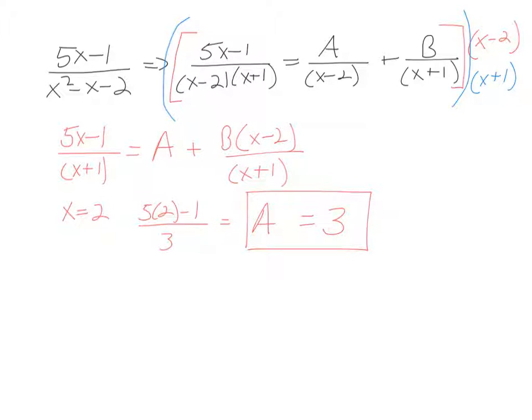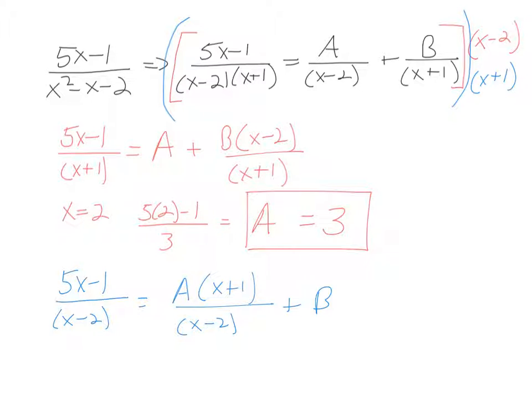So down here, I'm going to write 5x minus 1 divided by x minus 2 equals a times x plus 1 divided by x minus 2 plus b, because the x plus 1 and the x plus 1 are going to cancel.